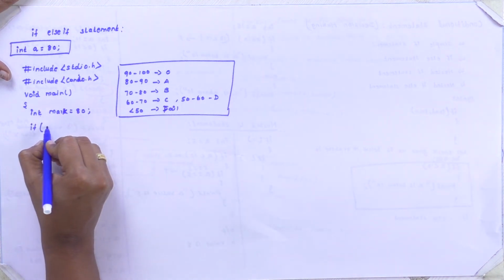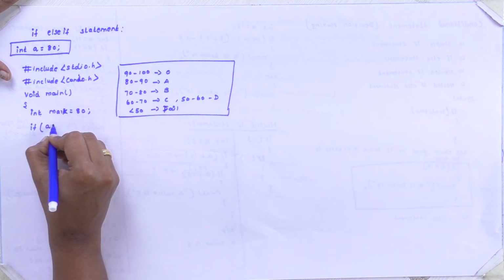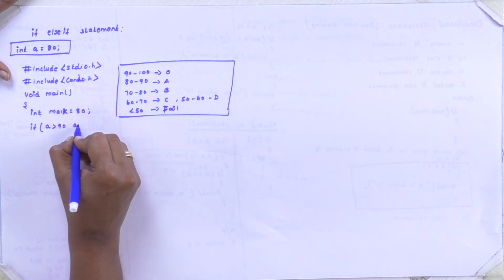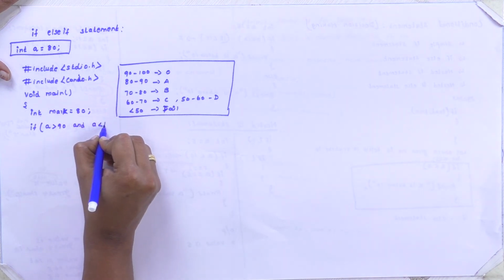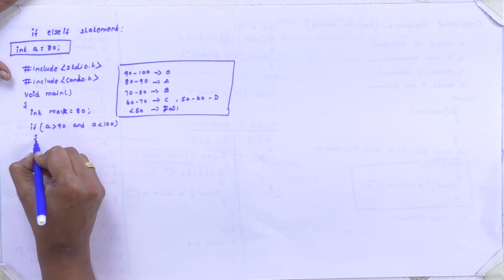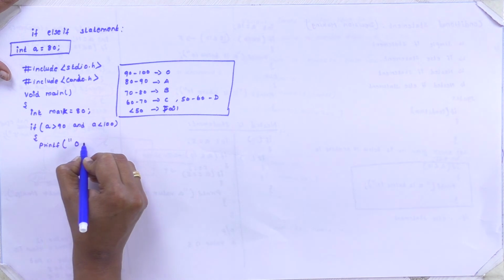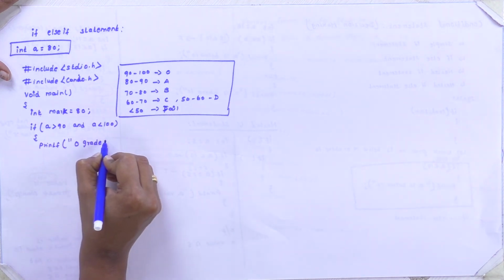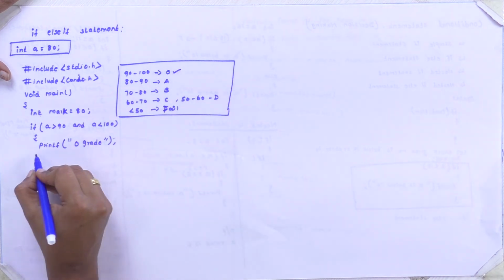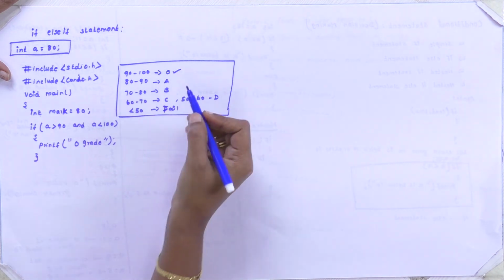If A is greater than 90 and A is less than 100, our grade will be O grade. This statement is executed.